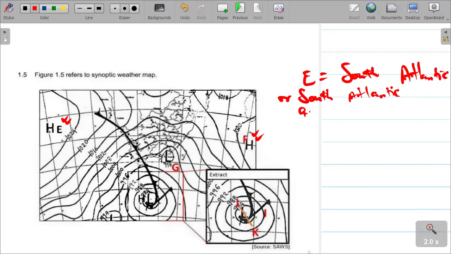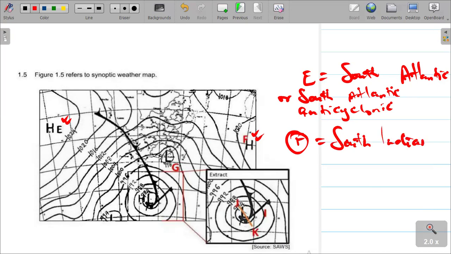That is E, and then F. F is always known to be the South Indian high pressure cell.